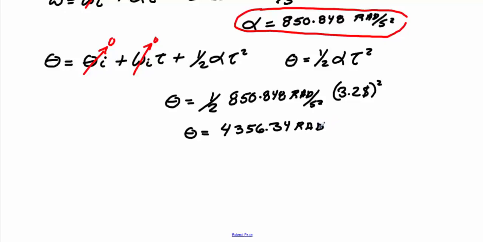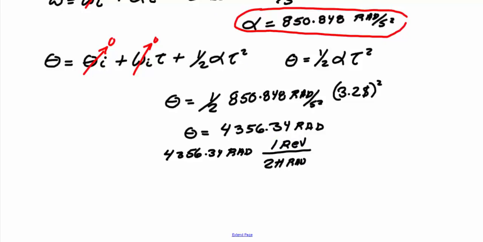Again, we can convert that to degrees if we choose to. And to do that, we'll say 4,356.34 radians. We got radians here in the numerator. We know there's 2 pi radians in 1 revolution.